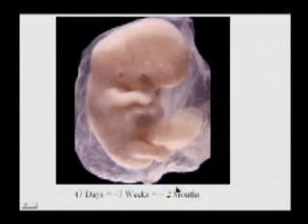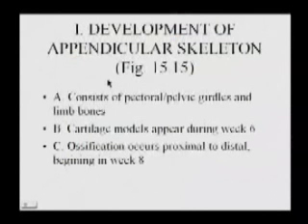underlying tissue. Here at 2 months, we can now begin to see that there's a flattened portion of the hind limb, and so the digits are just starting to appear there, and we can see very distinctive digits in the forelimb, the hand. So this is at 47 days, 7 weeks, or about 2 months.